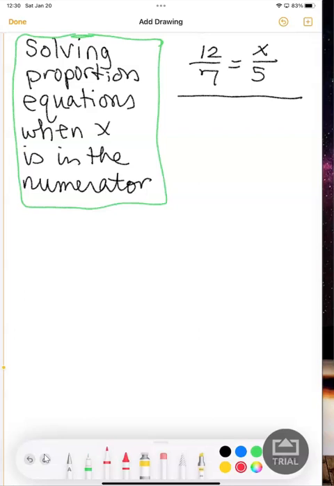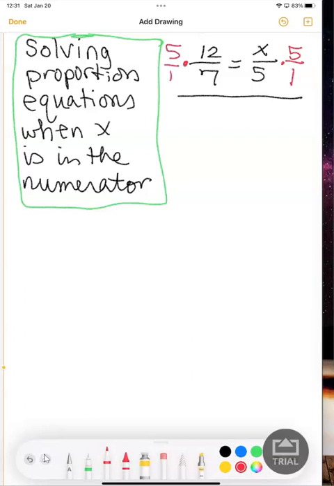So just to write it out, this is my original equation. I saw that x is being divided by 5, so I want to multiply by 5 over 1 to keep this equal sign true. So notice I have an equal sign here. To keep that balanced, I have to do the same operation on both sides.